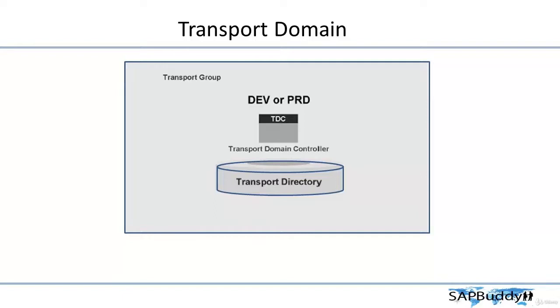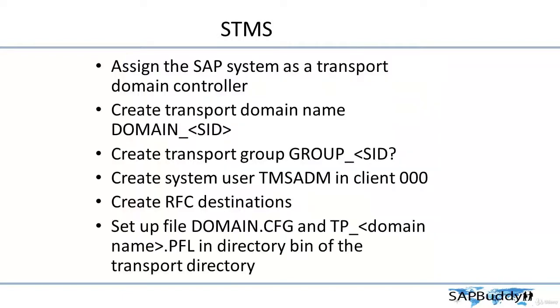Now let's see what all will be done as part of TMS. The first thing to remember is that TMS configuration is done in system client 000. When you run the STMS transaction code in the system after installing, it will automatically prompt you to initialize the TMS.